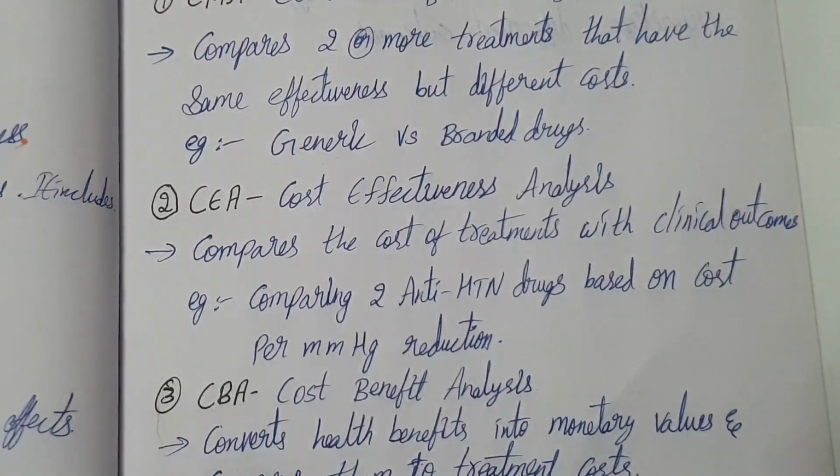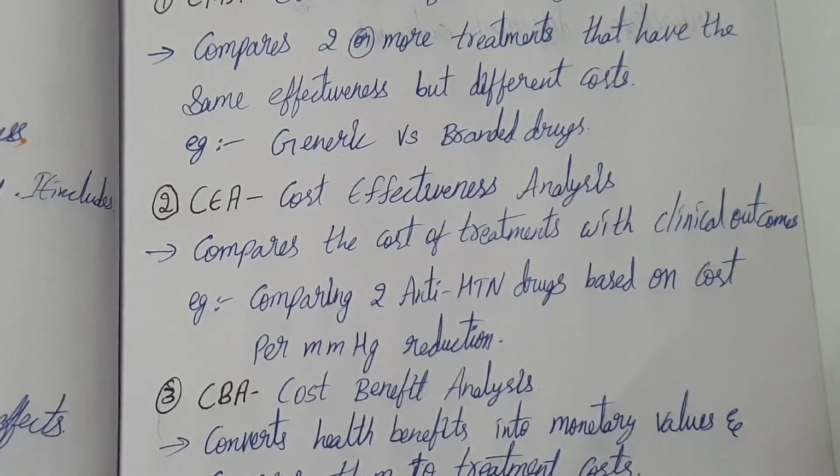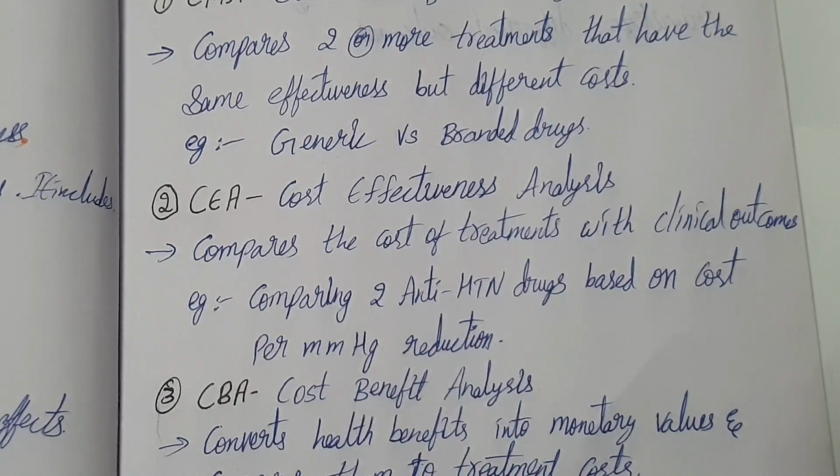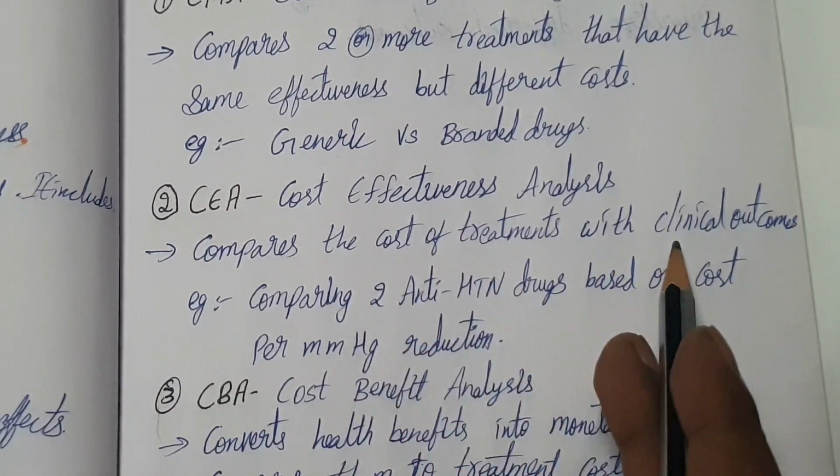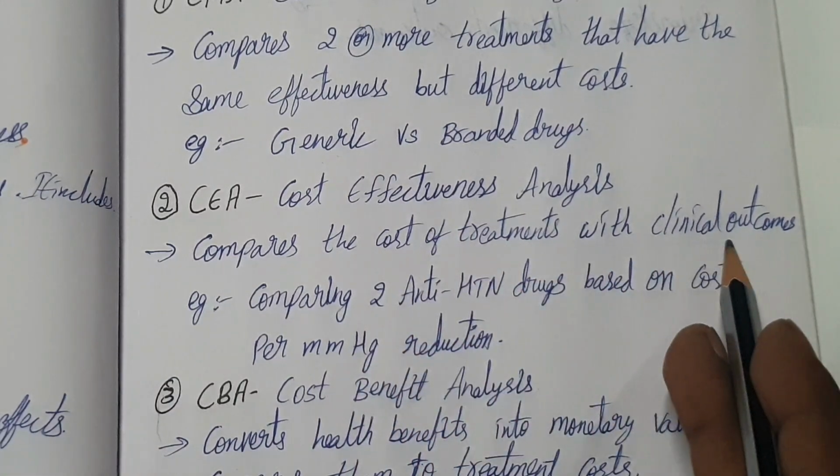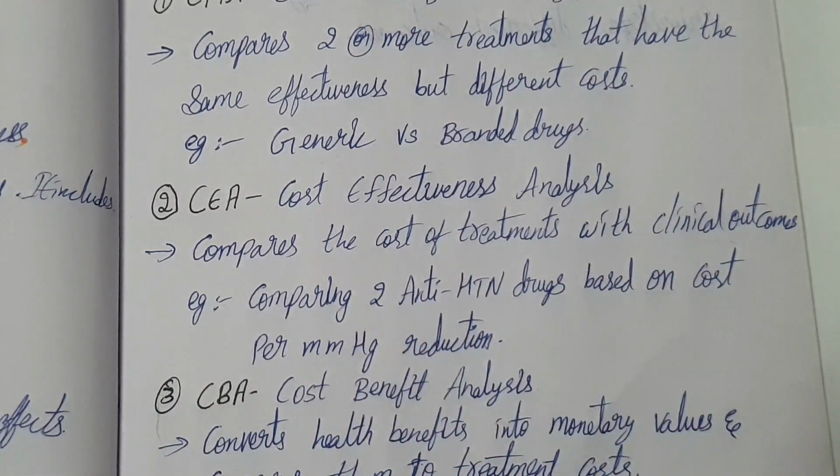Moving on to the CEA, that is cost effectiveness analysis. What we'll do here? Here we compare cost per unit of clinical effect or clinical outcome. You will understand by using an example.